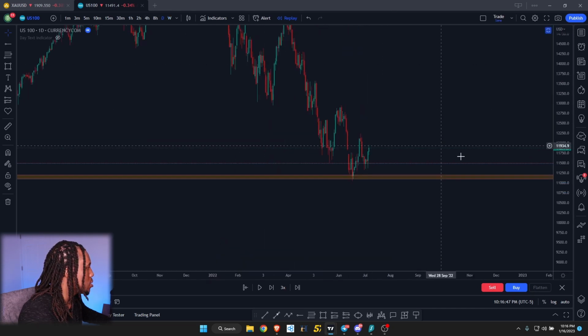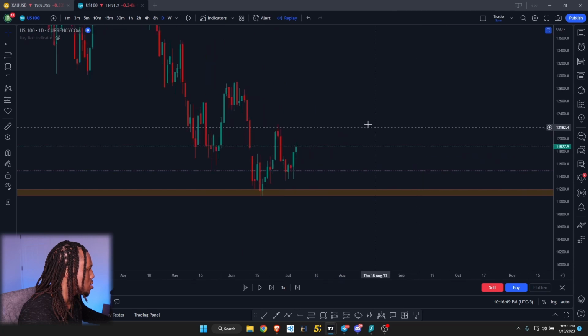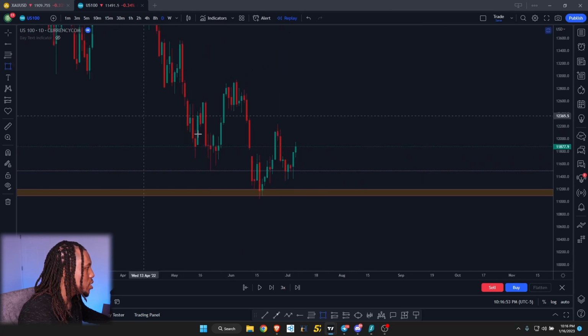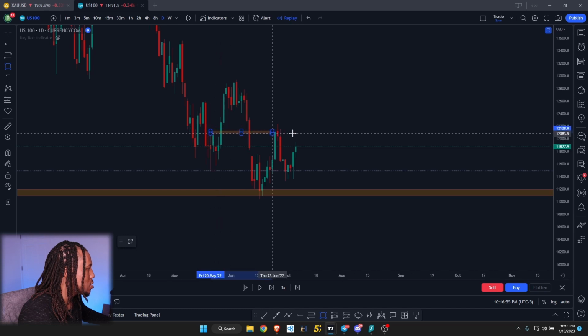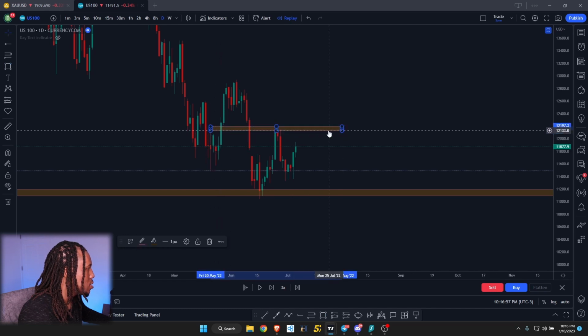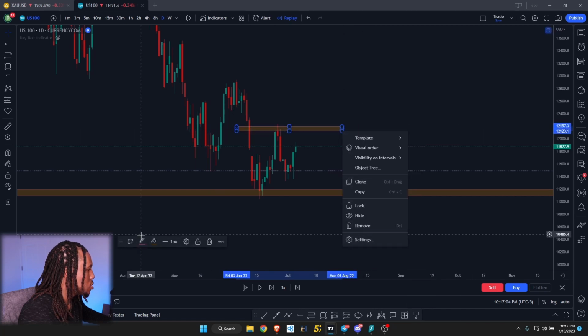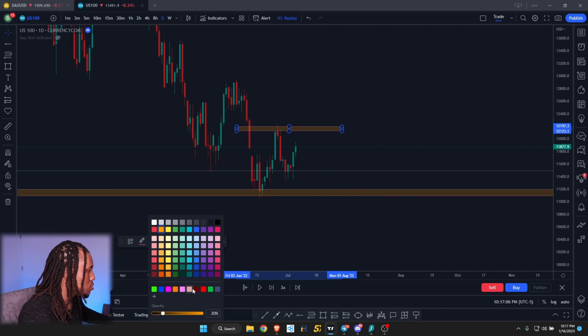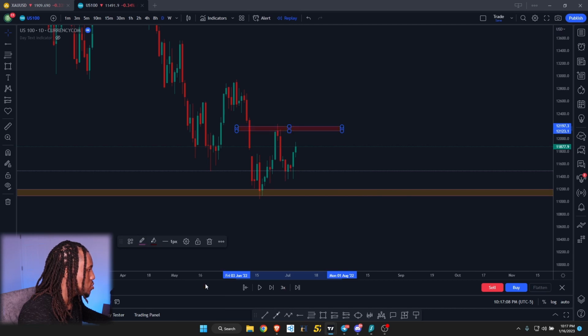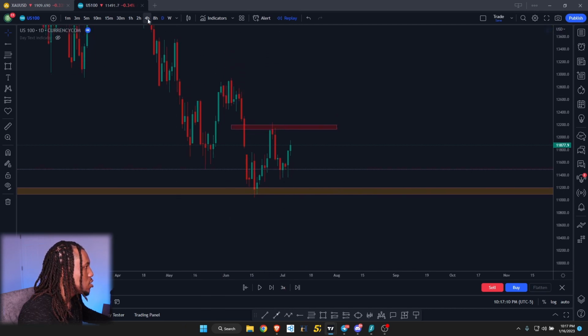On the daily, I do see this daily resistance right here, so we can kind of highlight that. Actually, no, let's just go right here. Let's change this to another color, red, and let's move down.